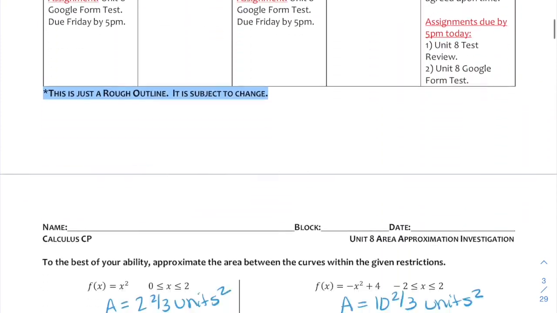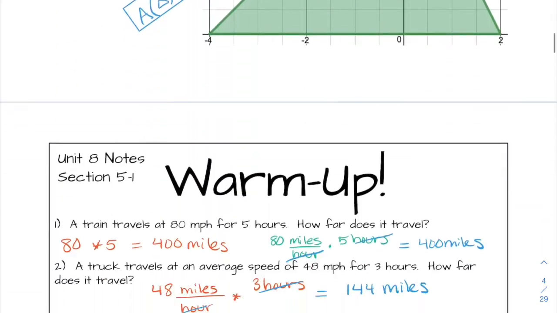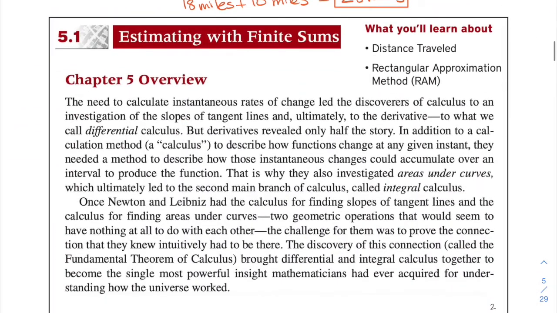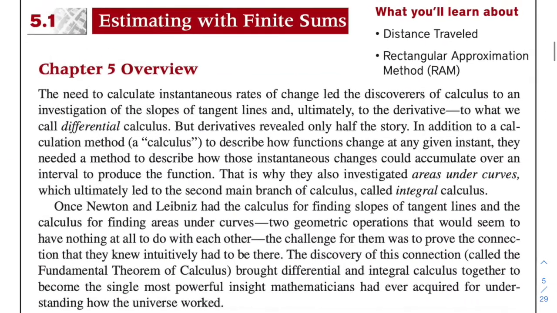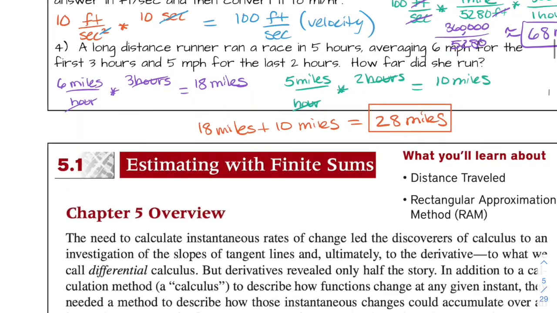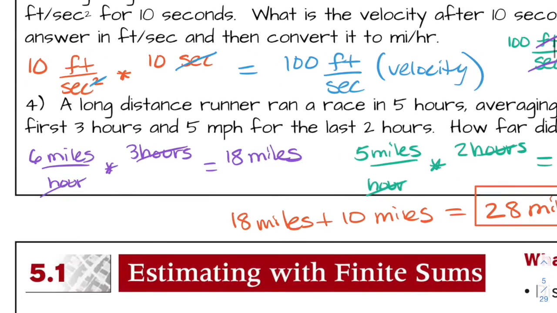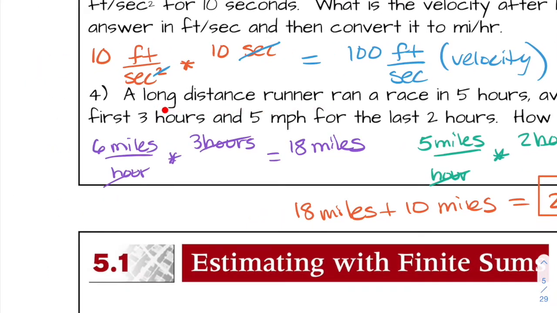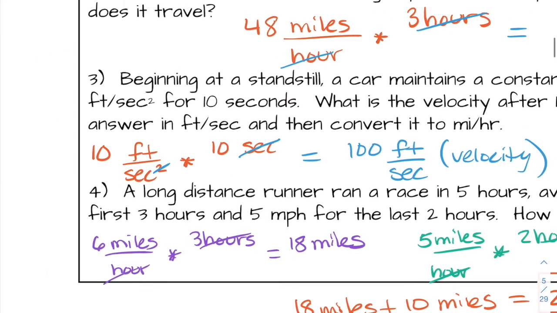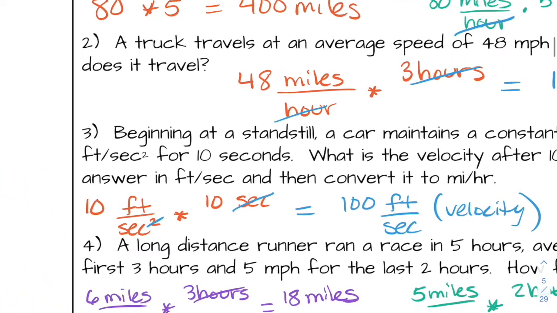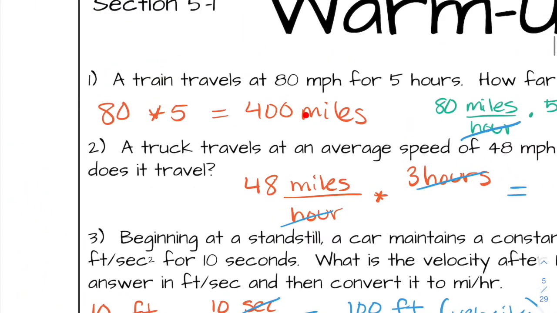All right, so let's go to our first example. So why are we starting this? Well, what's really cool is back in the day, we realized that we could use area to determine these items under a curve. So for instance, a train travels 80 miles per hour for 5 hours.